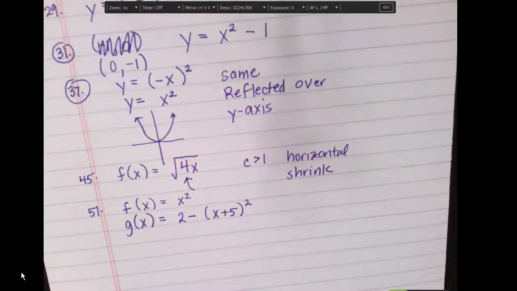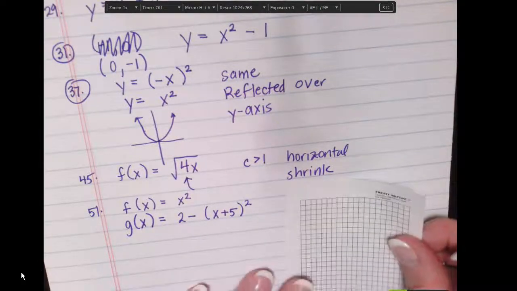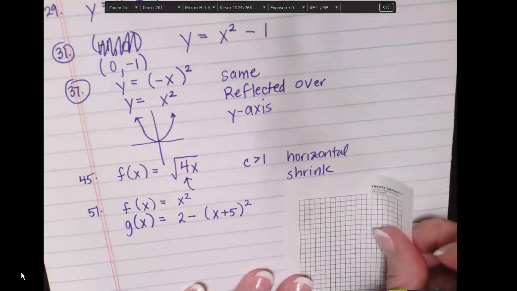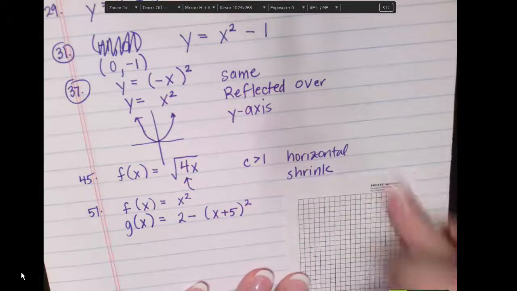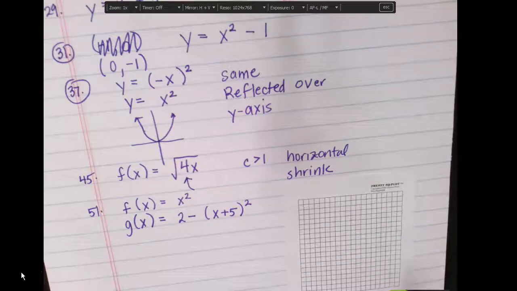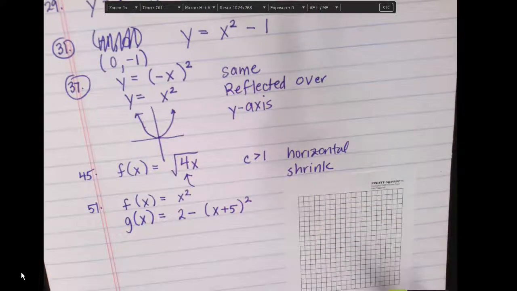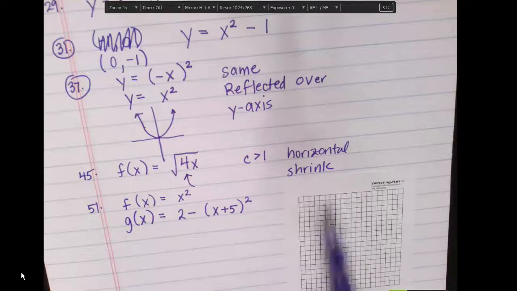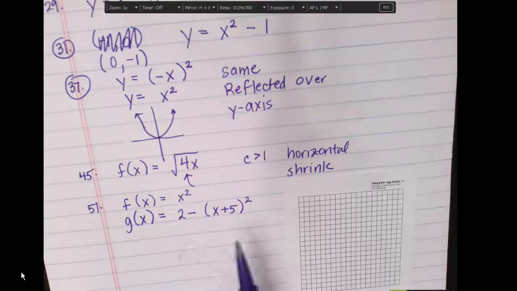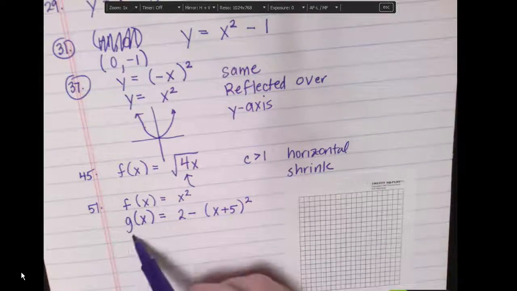Now, you haven't seen something like this where the 2 is out in front and it's being subtracted. So this is not really in standard form. In order for you to see where everything is and what its effect is on the graph, we want to put that in standard form.